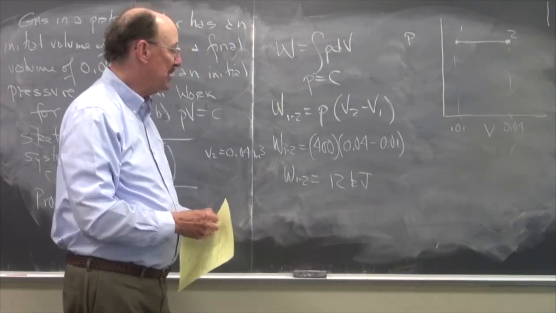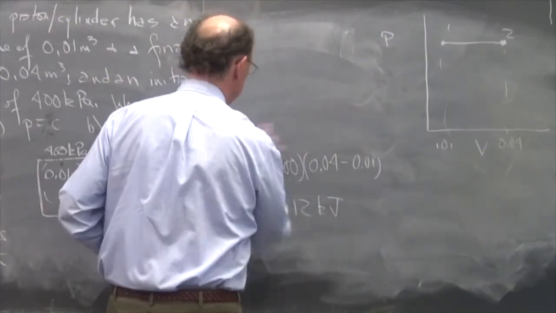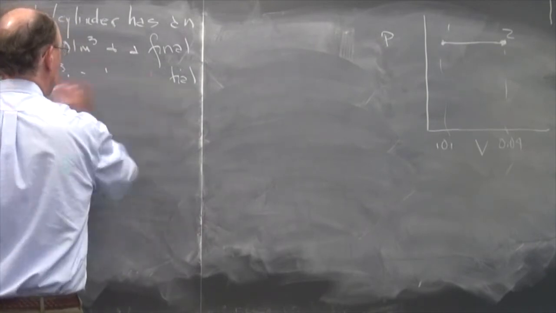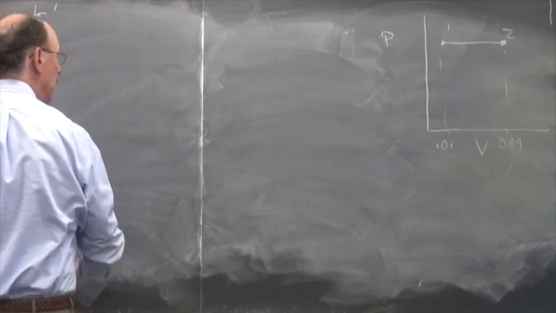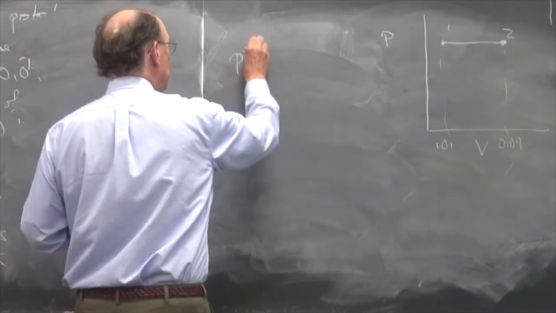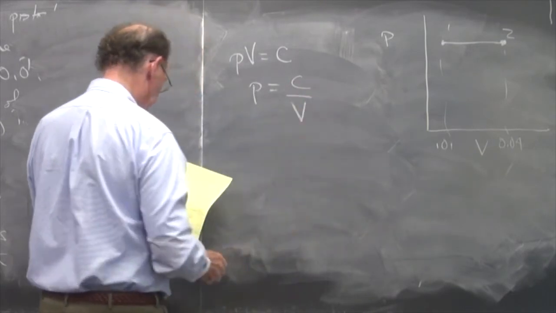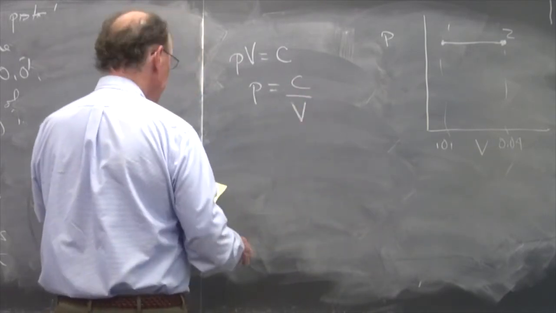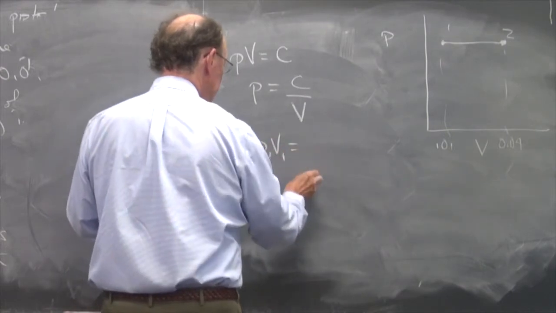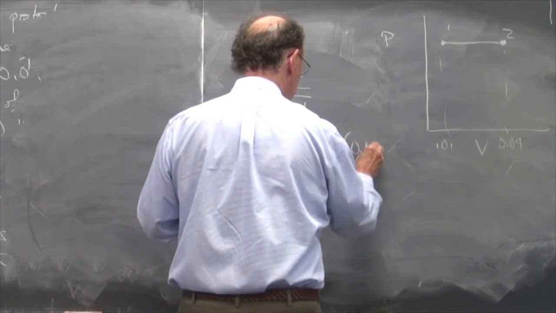Now, let's do a slightly more complicated function. So we have PV is equal to a constant, or P is equal to C over V. And C is equal to P1 V1, which is 400 times 0.01.